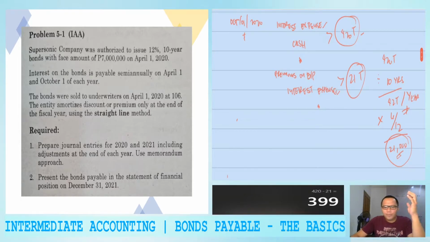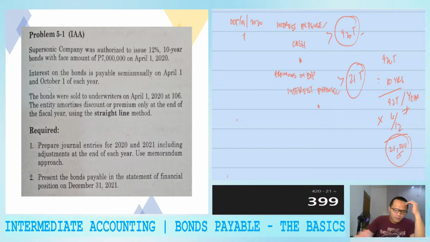So, another point that I would like to make, no? If you may notice also, the next transaction that could possibly occur on this particular bond would be on October 1, di ba?